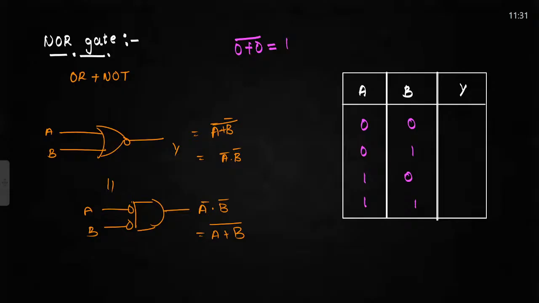Right? 0 plus 1 bar gives 0. 1 plus 0 bar you will get 0. 1 plus 1 bar gives 0.